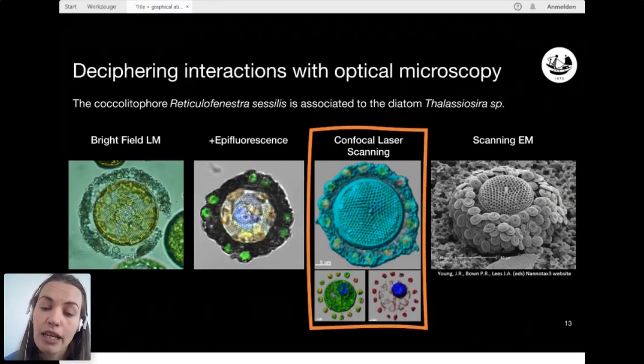And it also allows us to actually see inside of cells and thus detect symbiotic interactions. Of course, other optical sectioning methods would also be feasible. So we're also looking into spinning disk confocal microscopy or even structured illumination microscopy. But for now, it's based on scanning confocal microscopy.